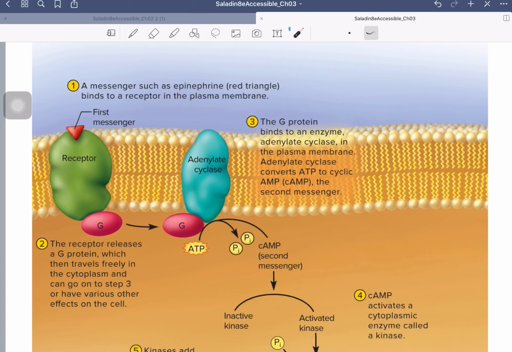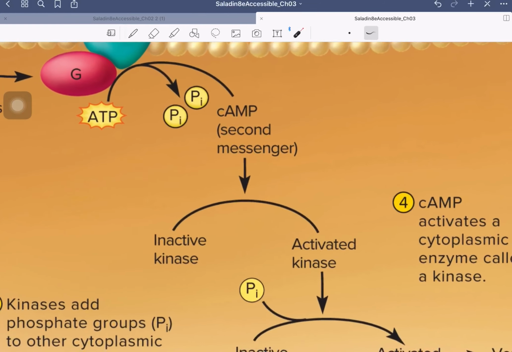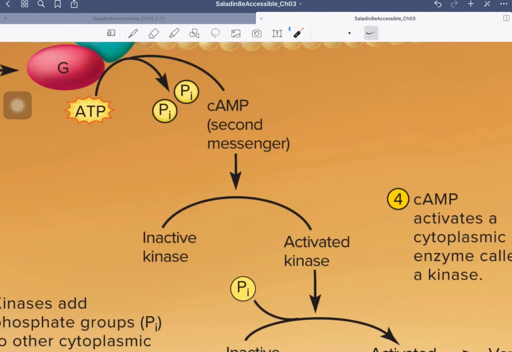Now, what does cyclic AMP do? Cyclic AMP will take an inactive kinase. If you remember from the previous chapter, we talked about what kinases do. Kinases do phosphorylation. So the cyclic AMP takes an inactive kinase and activates it.